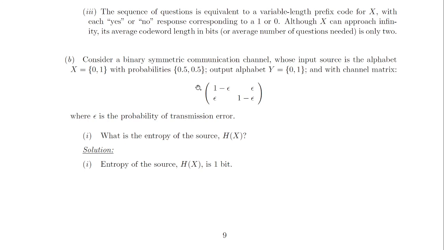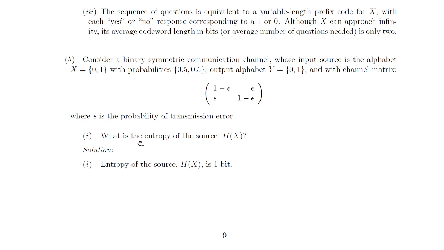So a 0 gets flipped to 1 with probability epsilon. Likewise, a 1 gets flipped to 0 with probability epsilon. And with probability 1 minus epsilon, each of those two inputs comes out without being flipped. So epsilon is an error probability for this channel, and at the moment, it's symmetrical for the two possible inputs. We're going to change that in the next part.